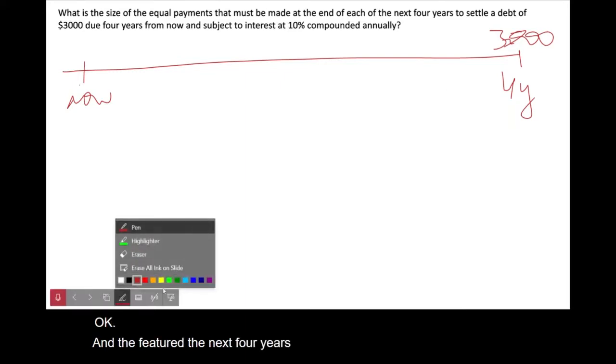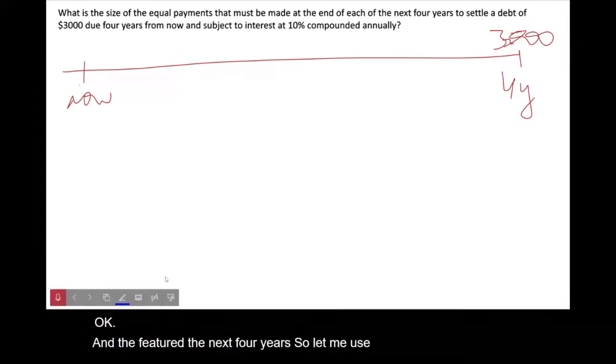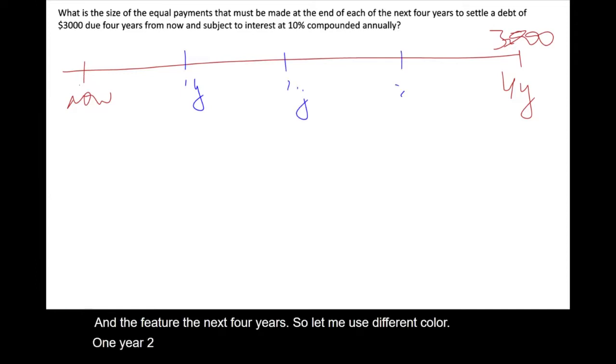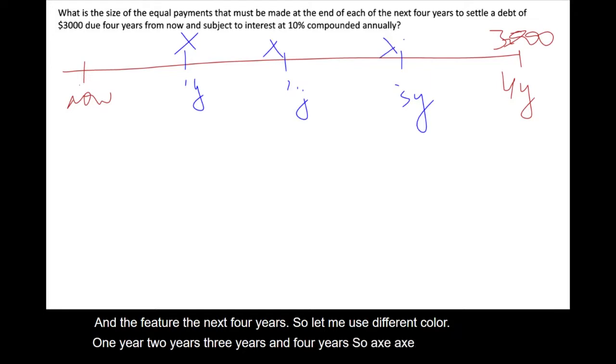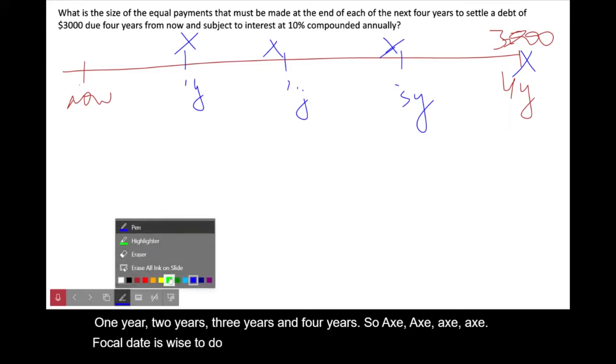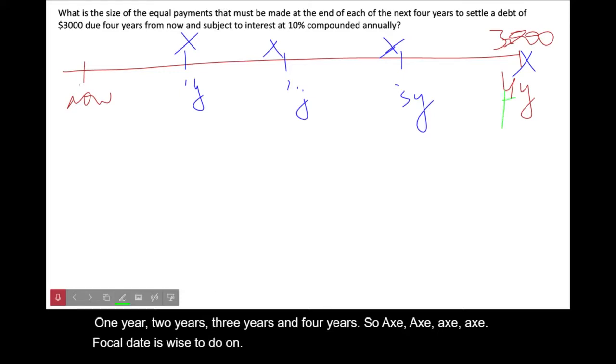So let me use a different color. 1 year, 2 years, 3 years, and 4 years. So X, X, X, X. The focal date is wise to do on 4 years.